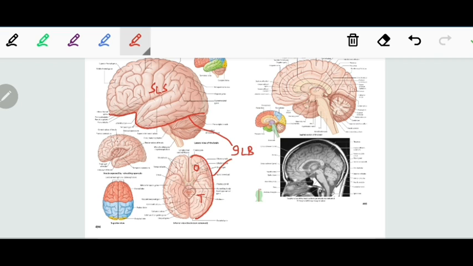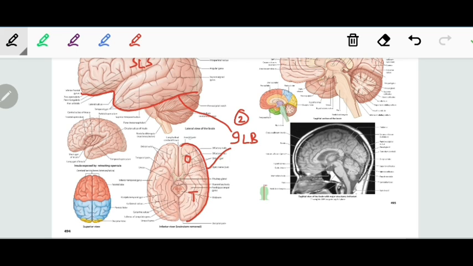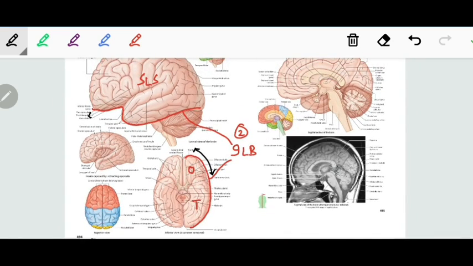Number 2. The anterior part of the inferolateral border, which separates the orbital surface from the superolateral surface, that means this part, is known as the superciliary border.